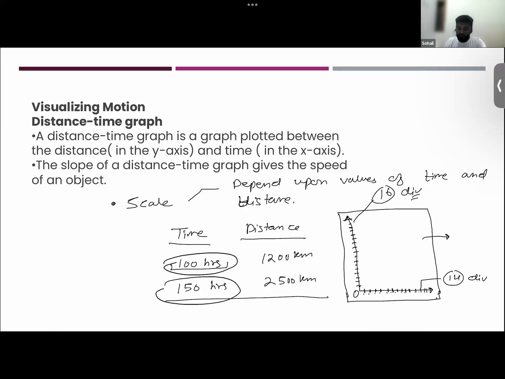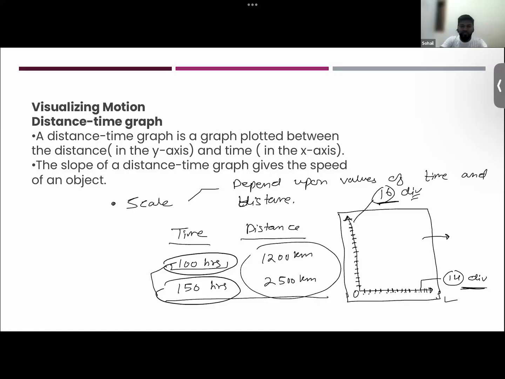Getting it, Mufaz? Yes, sir. Since we represent time on the x-axis, for 100 hours and 150 hours the divisions should not exceed 14. And for the distance, it should not exceed 16. So that is how we are required to plot the graph.